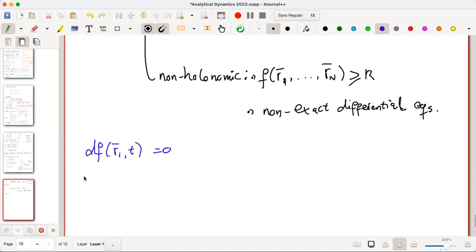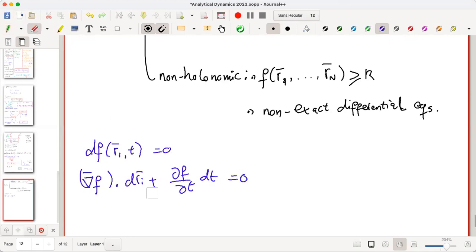Now I can express this as the gradient of f dot dr_i plus ∂f/∂t times dt, and this is equal to 0. So you can see this is a type of differential equation. So a holonomic constraint can also be expressed as a differential equation.